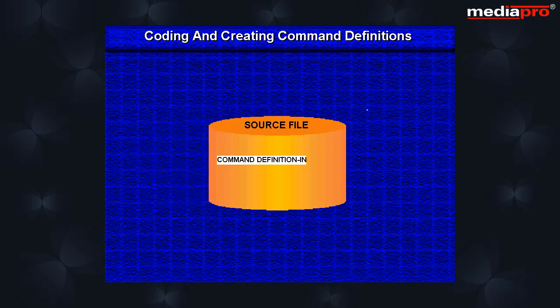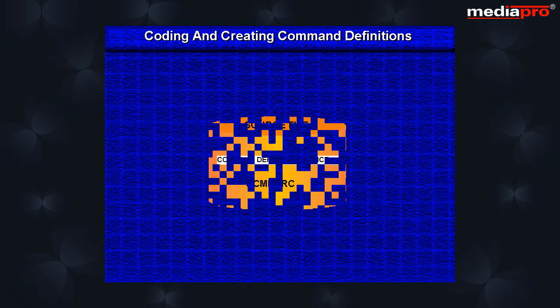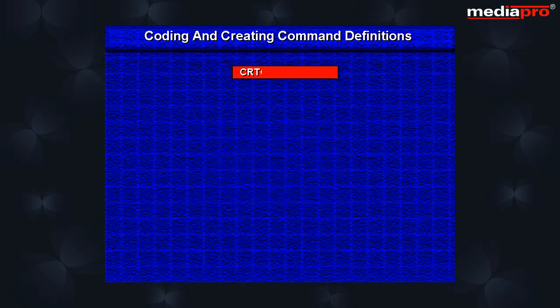To create a command definition, we first code the description in a source file. The source file for command definitions is called QCMDSRC. We use create command to compile the description.